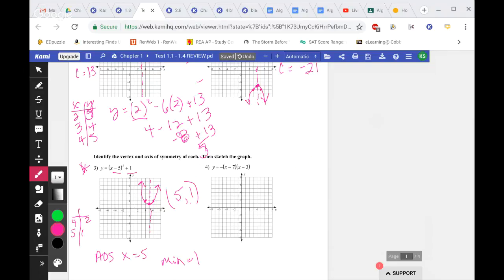Now, on this one, on number 4, this is called the intercept form. Yeah. And this tells me a couple things about this. Okay. I know that the intercept is +7 because we're doing all these factoring things. So it's going to be +7 and +3.